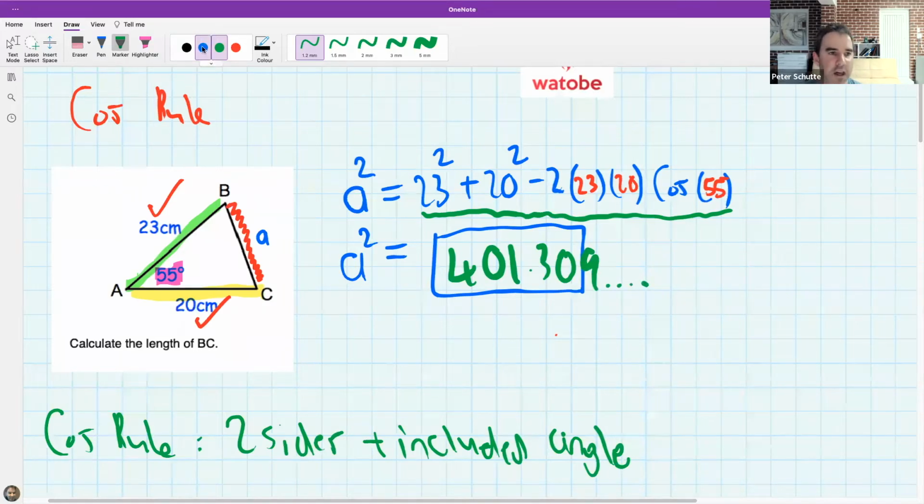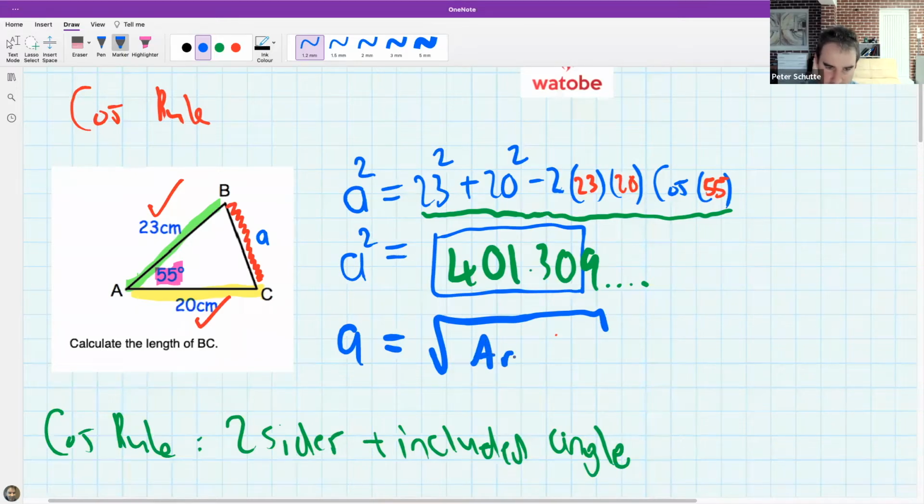Now, in order to get the value of a, I need to square root both sides. So a is equal to the square root of the number above. But instead of using this number, just use the answer key in your calculator. When you did this whole calculation and pressed equals, it automatically got saved in your calculator's answer memory.